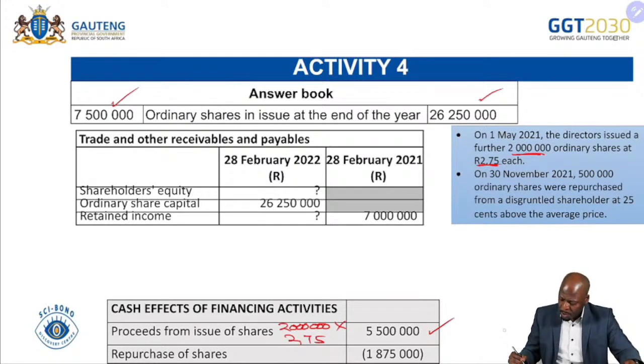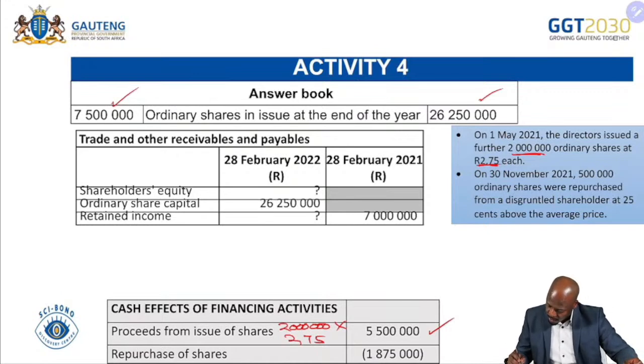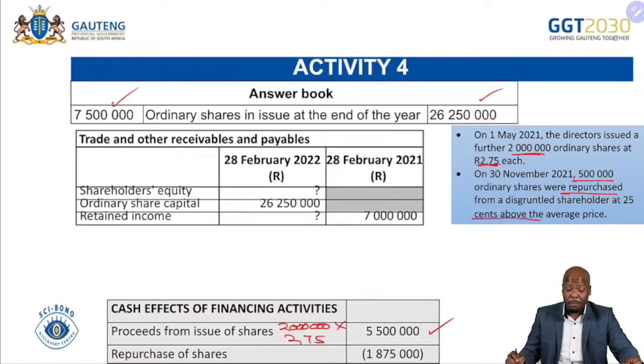But on the repurchase of shares, then we want to know how much did we spend on the repurchase of shares? For they tell us that 500,000 shares were repurchased from a disgruntled shareholder at 25 cents above the average price. So that means if we get the average price, then we add 25 cents to it. Then we can get the price that we paid for the shares that we repurchased.